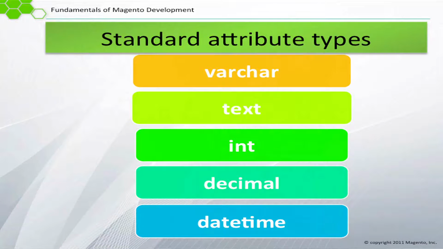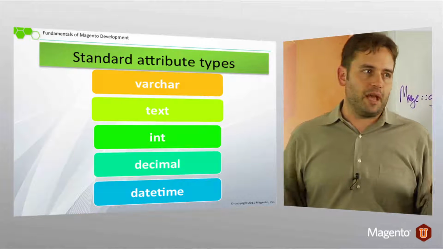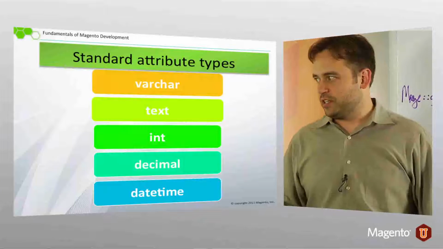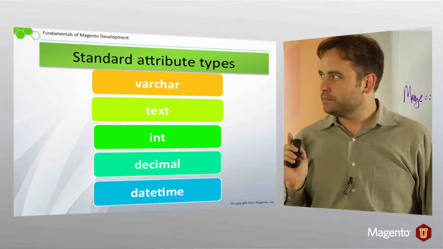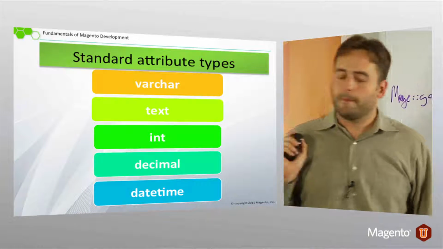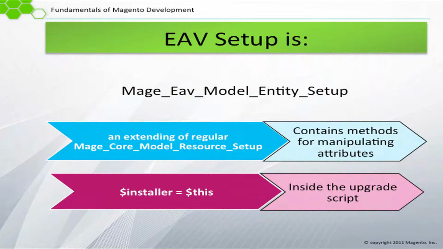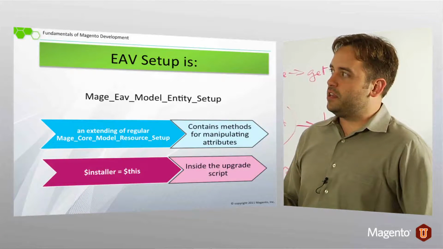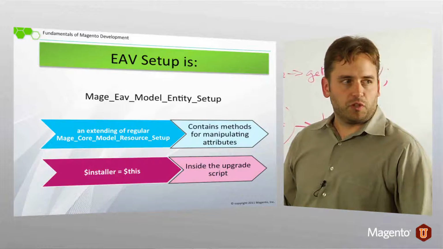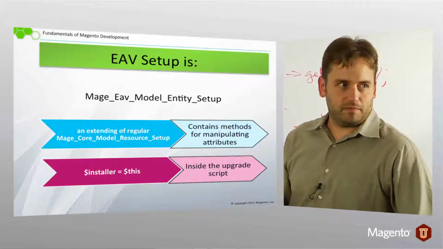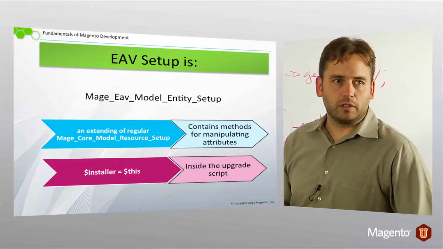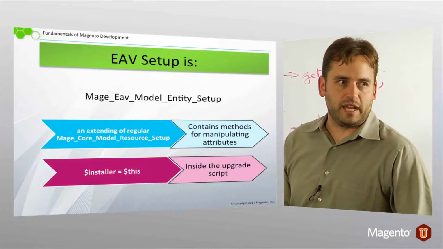All right, so as a refresher, our standard attribute types. These are available to us, and they have storage already mapped for us: varchar, text, int, decimal, and datetime. Okay. So now let's start talking about EAV setup. We just looked at core resource setup, and the EAV entity setup extends from core setup and gives us some more functions to deal with the attribute system.